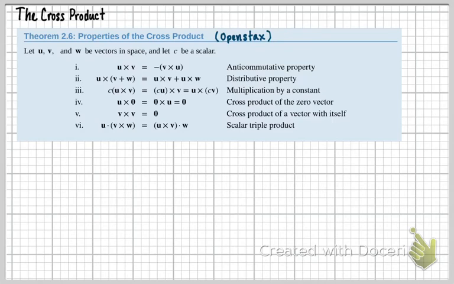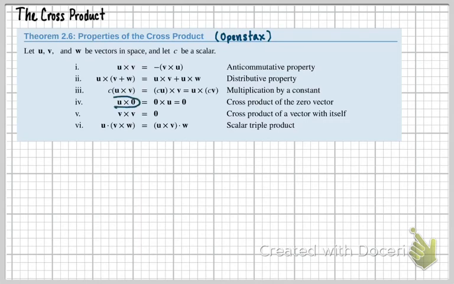And then we also have all these other properties that just kind of hold here, other than that commutative property. So we have a distributive property, which is here. We have a multiplication by a constant, which, okay, that's no big deal. The cross product is just a vector, so when I multiply it by a scalar, it's not going to matter either way.